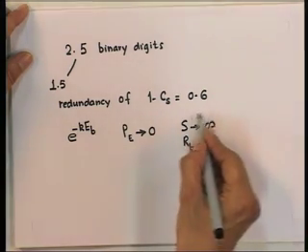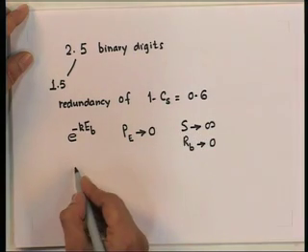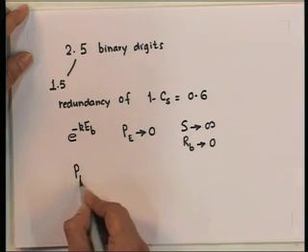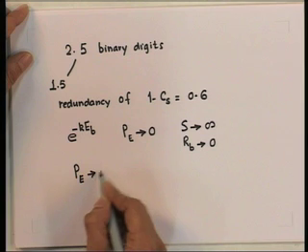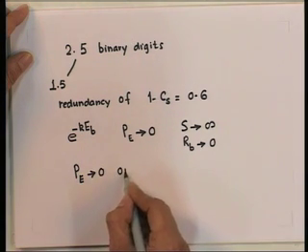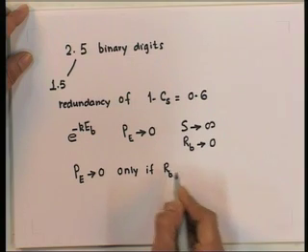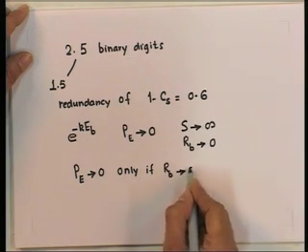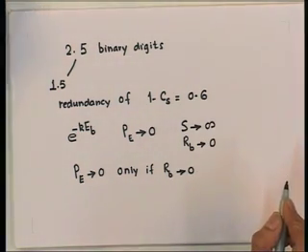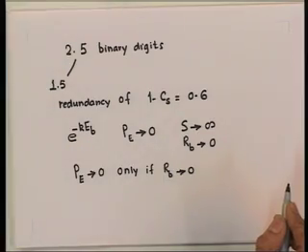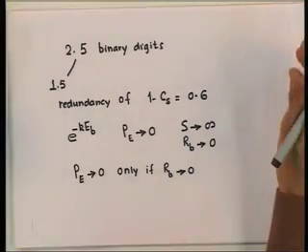Now, because signal power must be finite, PE tends to 0 only if RB tends to 0.